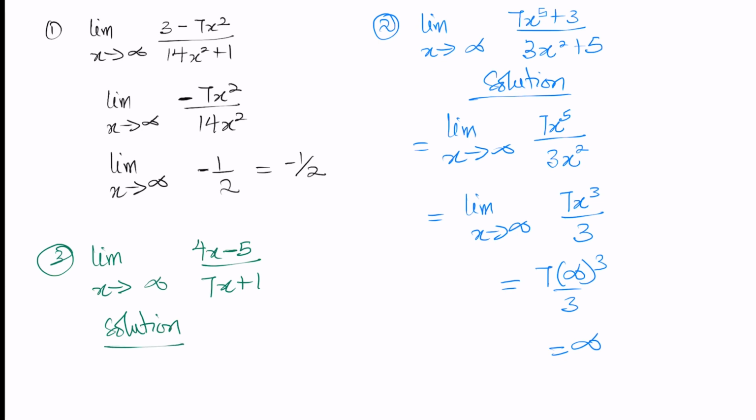So again, we said take the highest power of x on the numerator with its coefficient, which will give us 4x, and take the highest power of x on the denominator with its coefficient, which will give us 7x. Now the limit as x approaches infinity will end up giving us 4/7, which is the ratio of the coefficients of the powers of x.